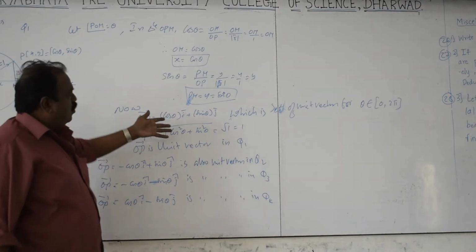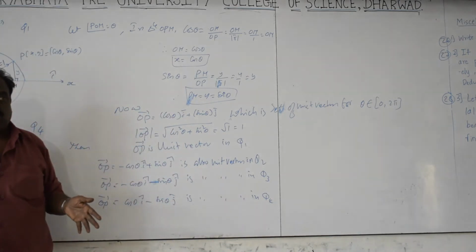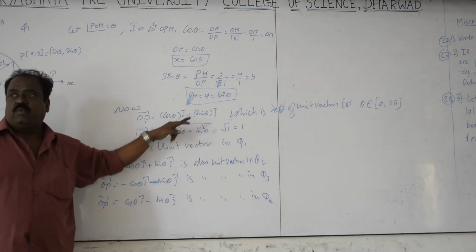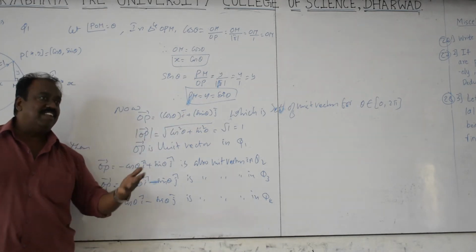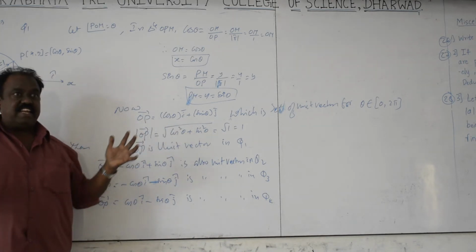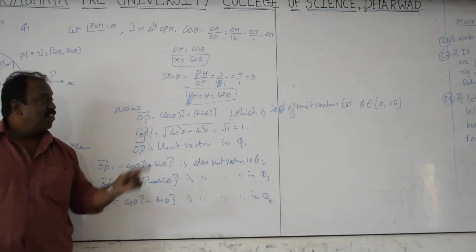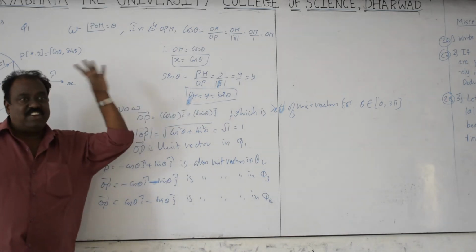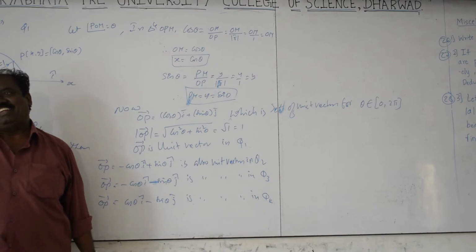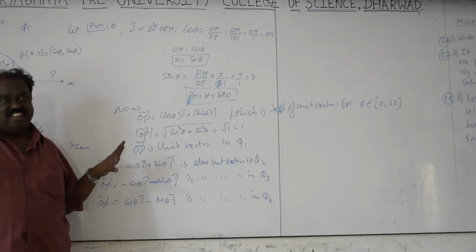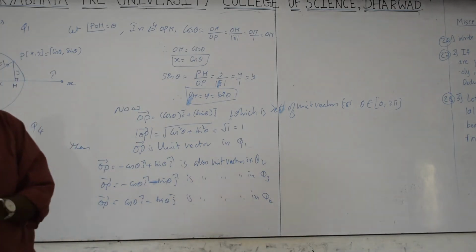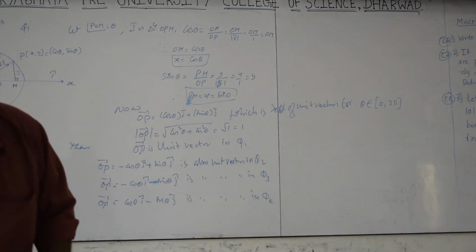Like that, not only 0, 90, 180, 270, 360, but the remaining 30 degrees, 120 degrees, 135 degrees, you take anywhere. So it is not a single vector, it is a set of unit vectors for theta belonging to 0 to 2 pi. Is it clear? We'll go to the next.